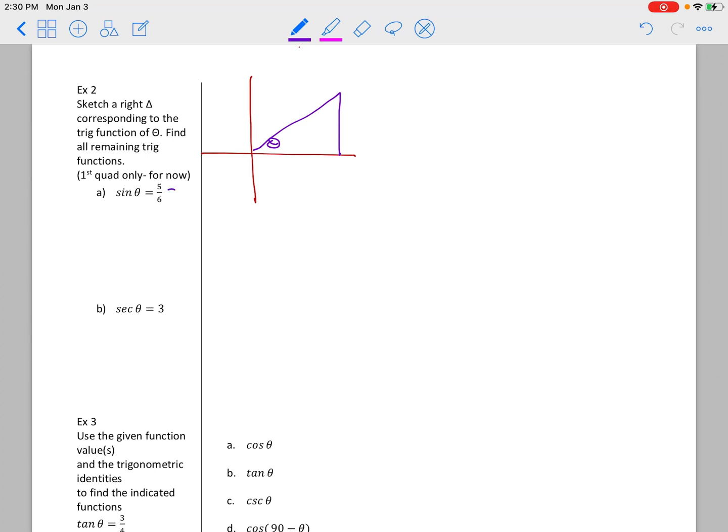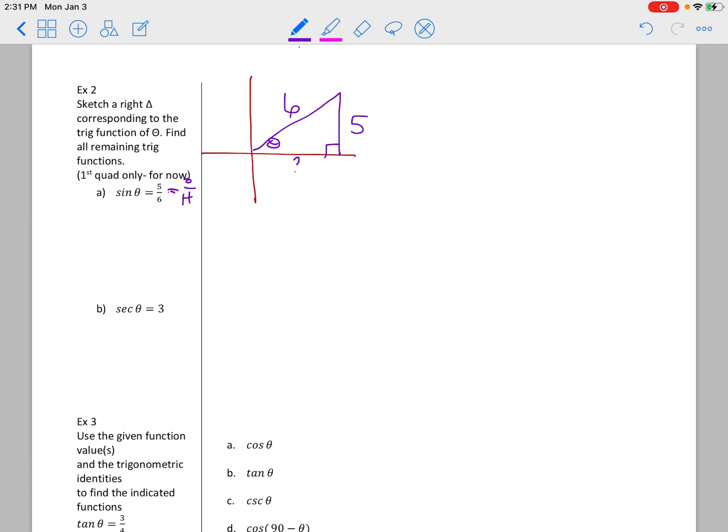So remembering that sine is opposite over hypotenuse, that means my opposite side is 5, my hypotenuse is 6. And now I'm going to find the third side of my triangle using the Pythagorean theorem. Pythagorean theorem is going to come in all over the place in this, guys. All over the place. I need to find this side here.